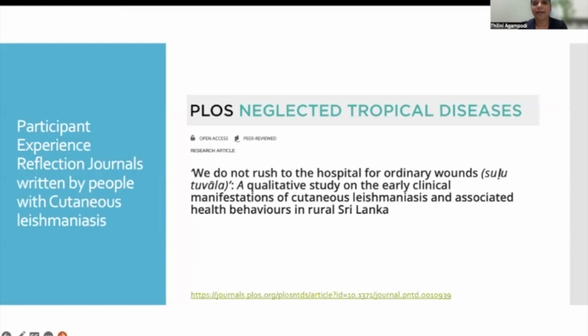So this is one of the papers which used the patient experience reflection journal. You can see the details while going through this paper, combined with interviews, right?